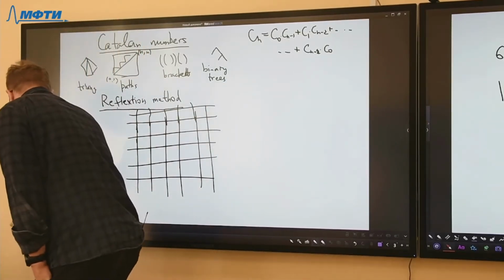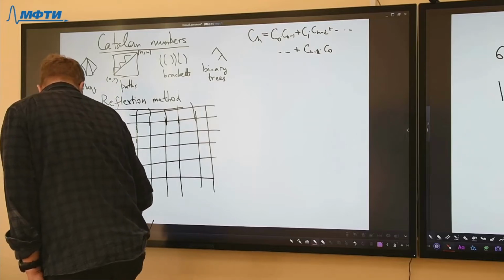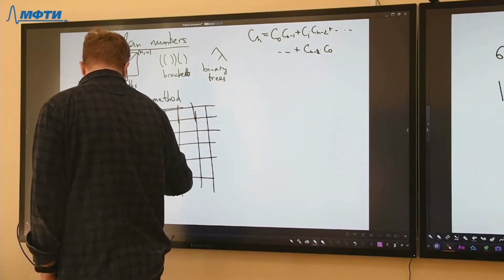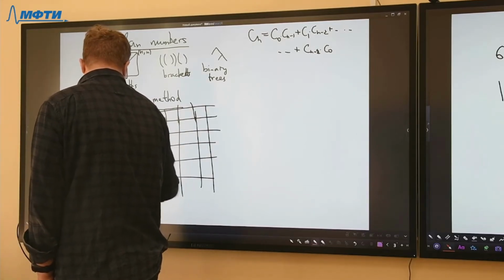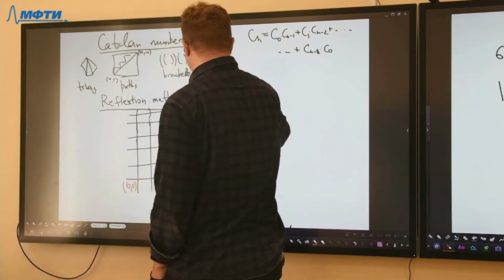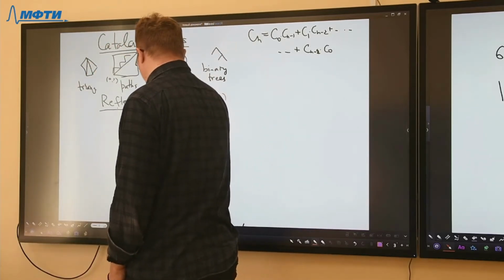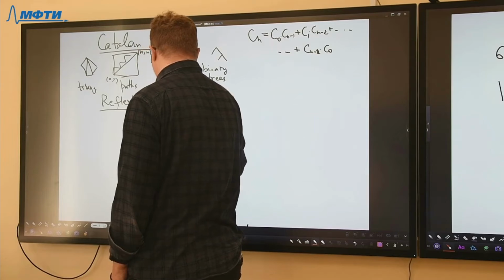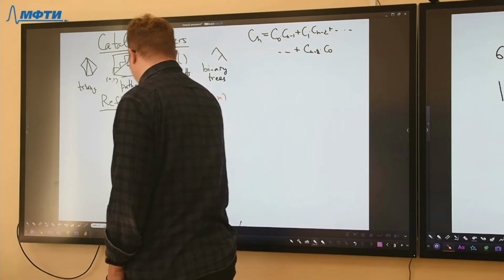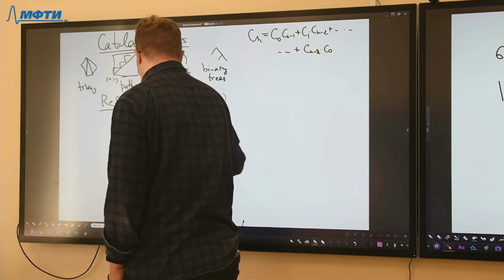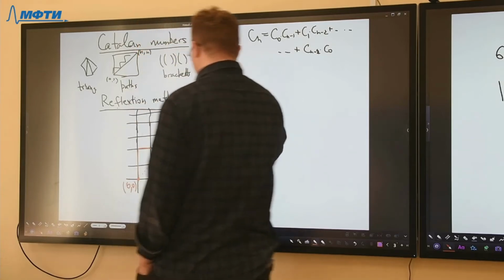So we look at all the paths that go from (0, 0) to (n, n) and go over the diagonal. For example, this one is good.